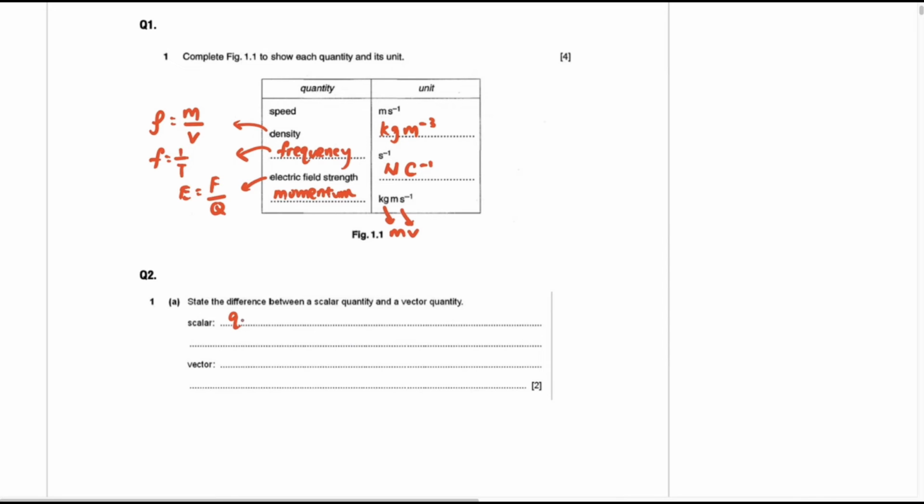Scalar is a quantity with magnitude and no direction, but vector is a quantity with magnitude and direction. Okay, so that's the basic one. So we just move on.